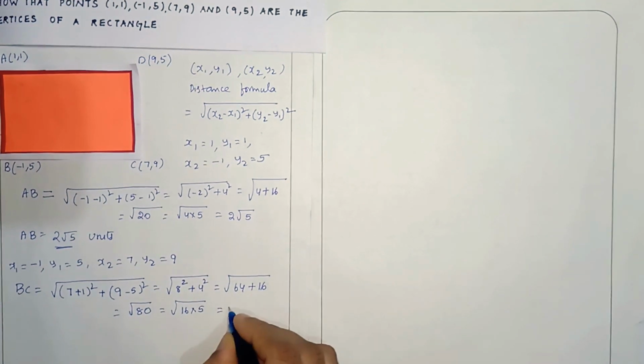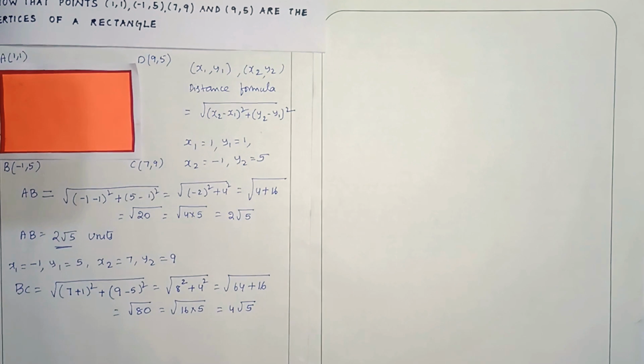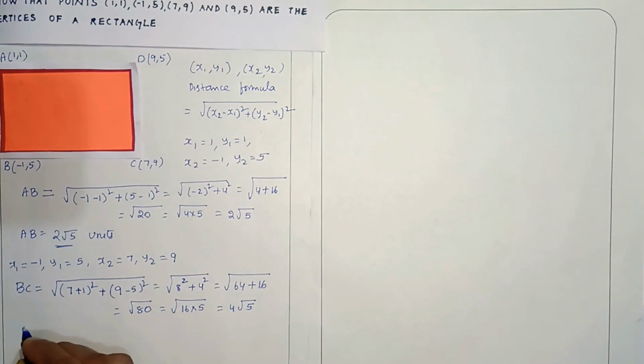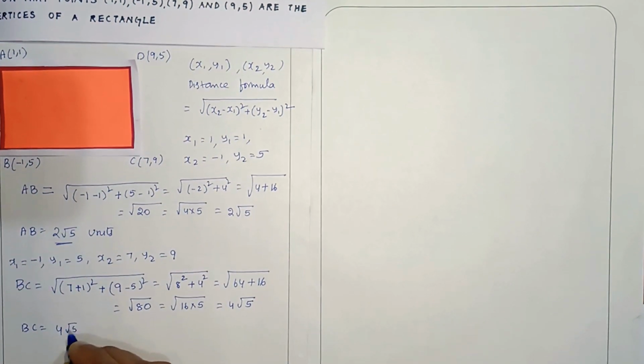Root 16 value is 4, so 4 root 5. Therefore, the length of BC is 4 root 5 units.